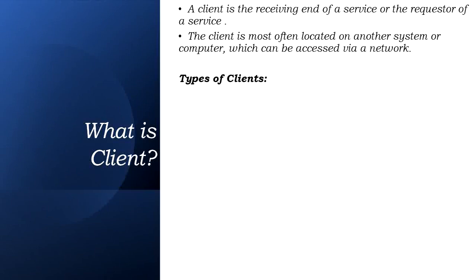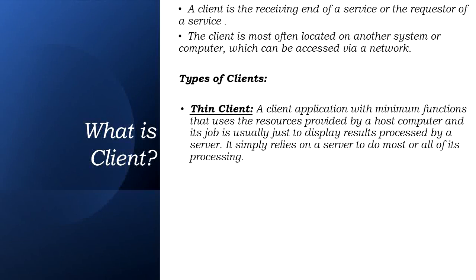Then we have different types of clients. We will go through them one by one. First is the thin client, a client application with minimum functions that uses the resources provided by the host computer, and its job is usually just to display results processed by the server.